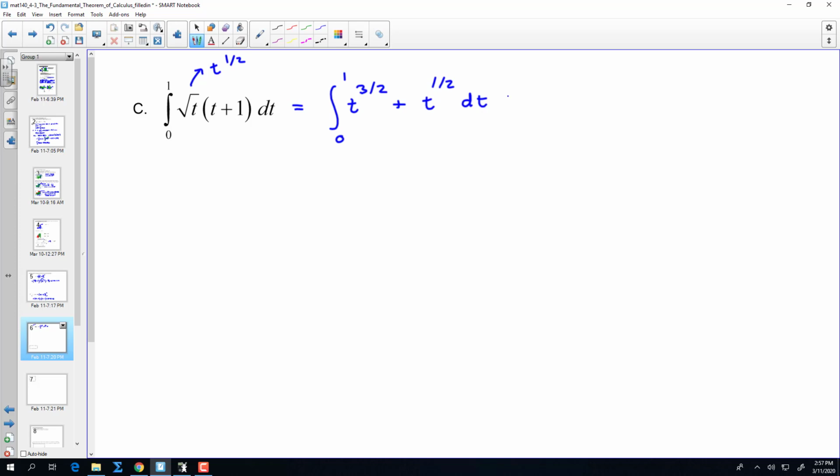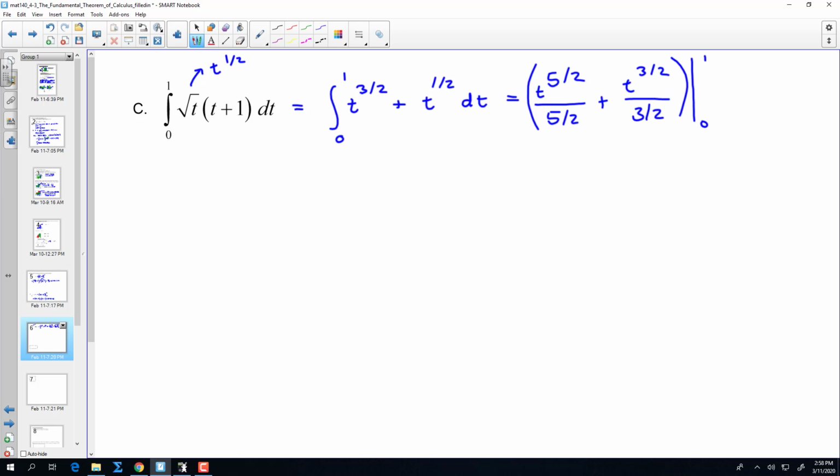T to the 3/2, when I integrate, becomes t to the 5/2 over 5/2 plus t to the 3/2 over 3/2. And all of that's going to be evaluated between 0 and 1.